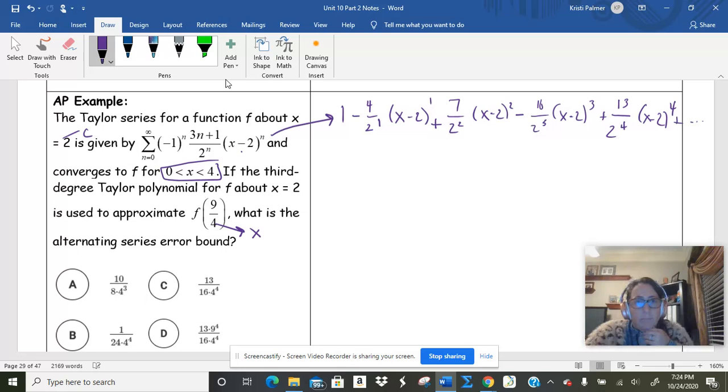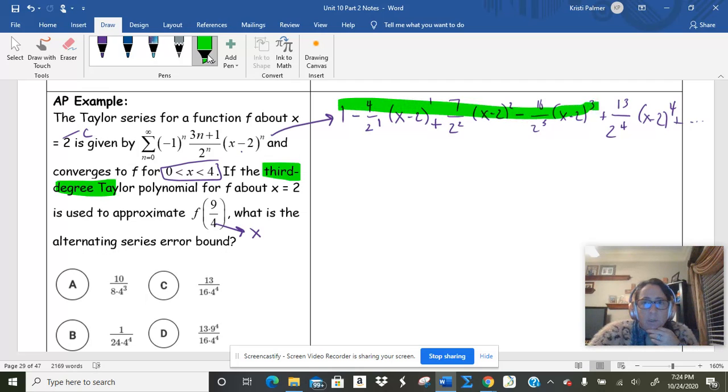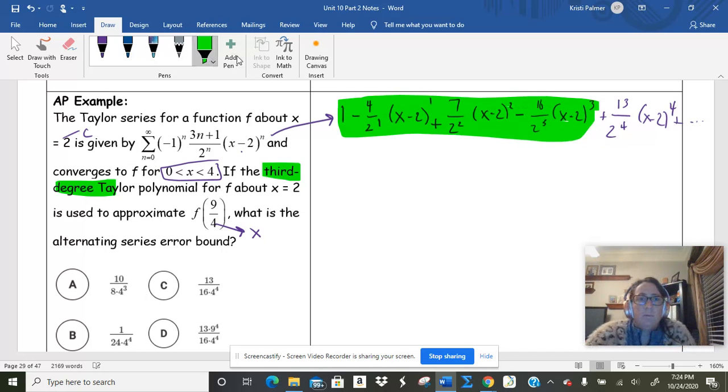And it keeps going. Okay, so it says the third degree. So the third degree Taylor polynomial would go until right here. So there's where my third degree ends. And it says it's used to approximate f of 9/4.